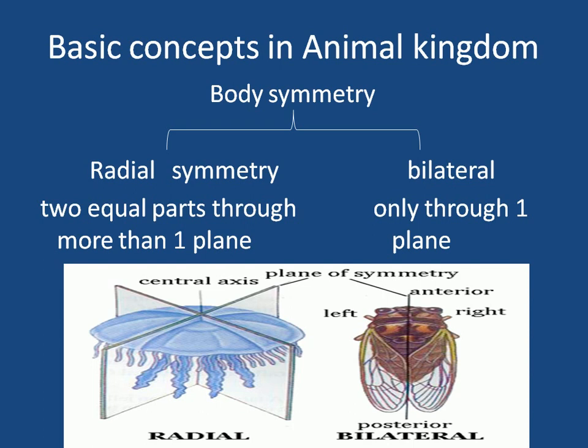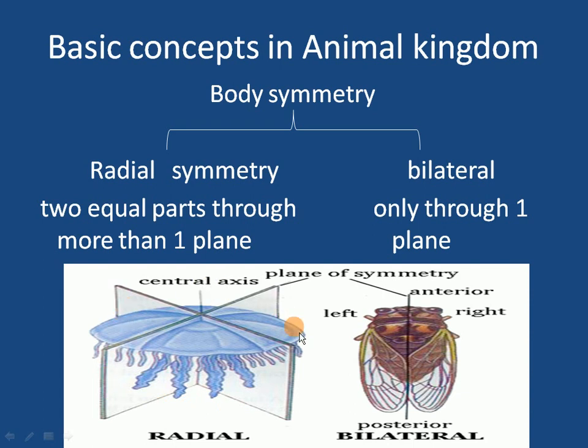I hope you recall all those 9 phyla from invertebrates. So see, this is the first plane. This is the second plane. You can also cut through this horizontal plane. So through more than one plane, you will get two equal parts.